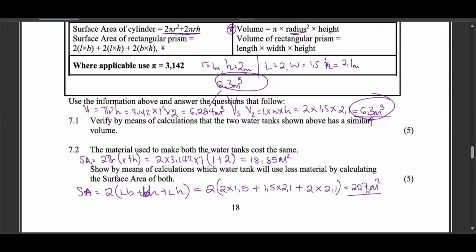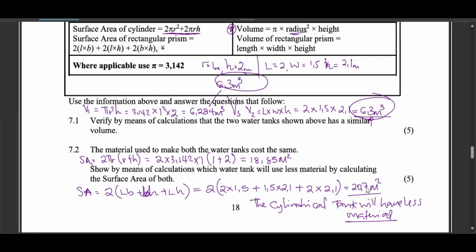So now remember the question wants us to show by calculation which tank will use less material by calculating the surface area for both. So here you conclude and you say the cylindrical tank will use less material.